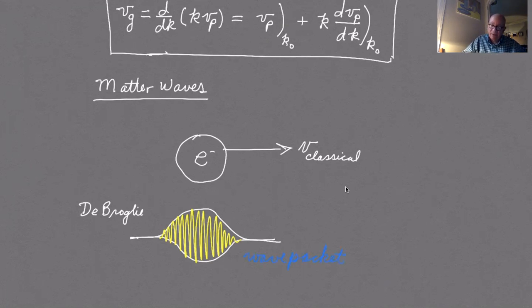So the bottom line here is we're going to add up a bunch of waves that sum where the particle is, and cancel where the particle ain't.